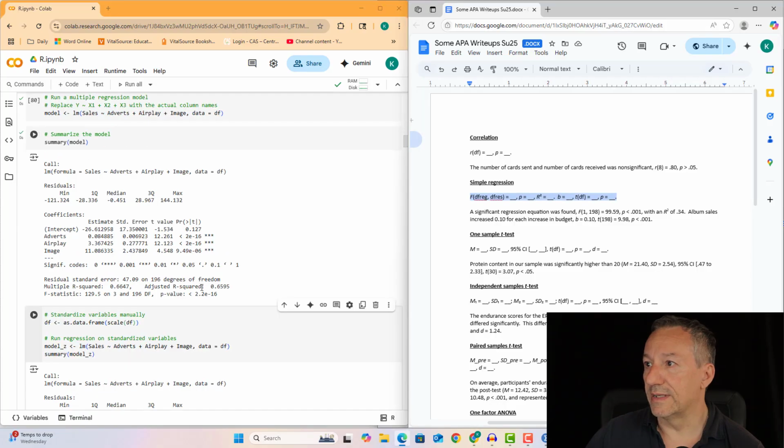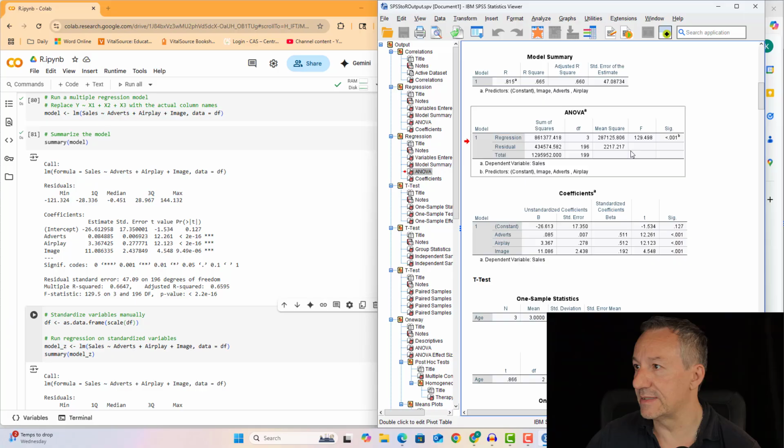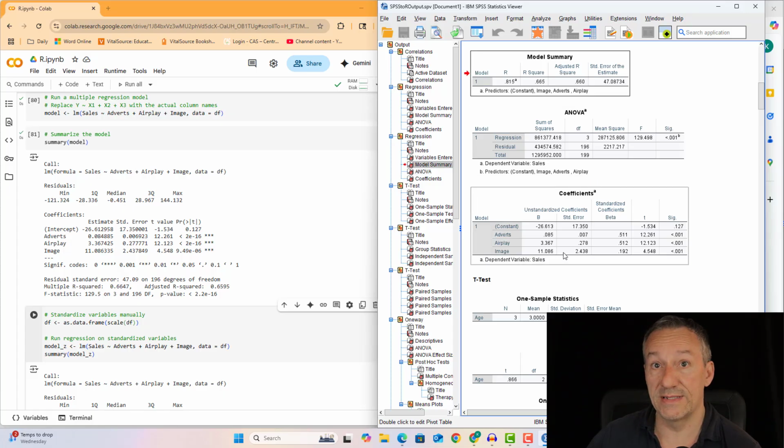Back to how we're going to report this. We do have our degrees of freedom, the 3, and let me show you SPSS real quick. From SPSS, when we run this, our ANOVA, the 3 and the 196, our F is 129.50, our R squared from right there, 0.67. Our different coefficients, we have unstandardized and we also have the standardized.